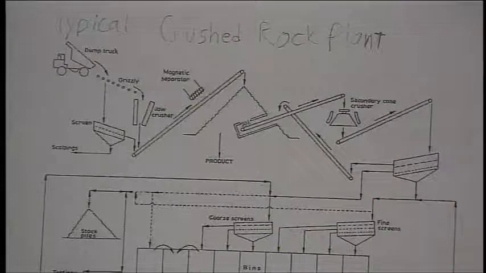But this is just a flow chart of a typical crushed rock plant. Everyone's different. Like I said before, there are so many variables, including material sources, and it also depends on what you're trying to produce. That will determine how you set up your quarry.